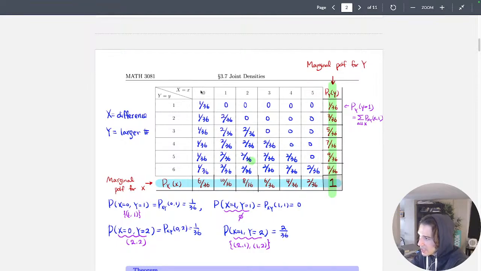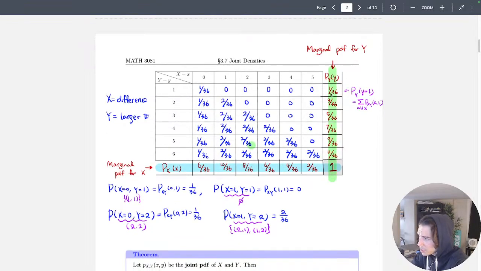You just extrapolate that logic and you add all these up. Add up all the cases where x equals 0 for each value of y, and you get the marginal PDF for x is going to be 6/36, and so on and so forth. You can do the same for y, for the rows, and all of this is going to add up to 1.